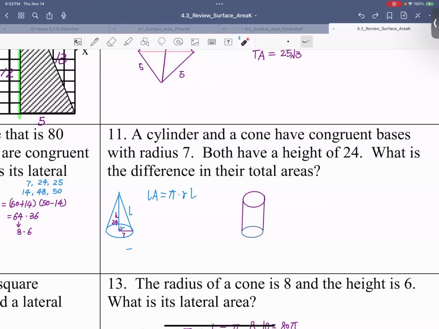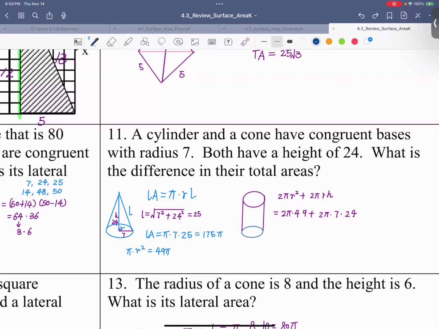So you got the difference? This is 175 pi. And then you can do that thing. This is 48 times 7.